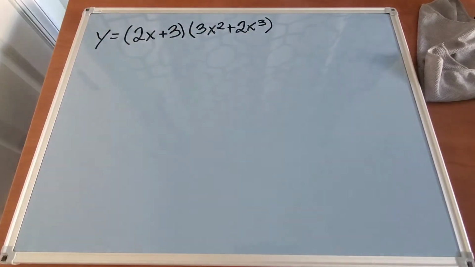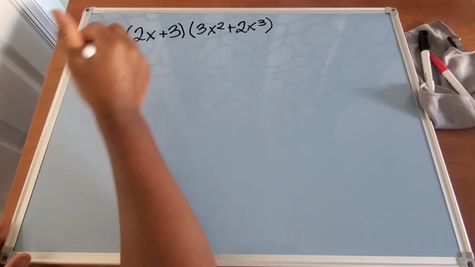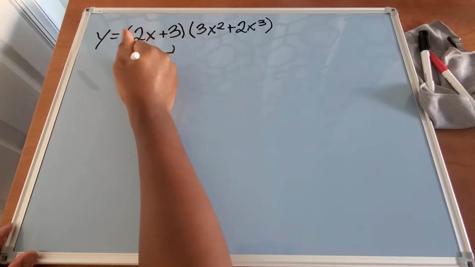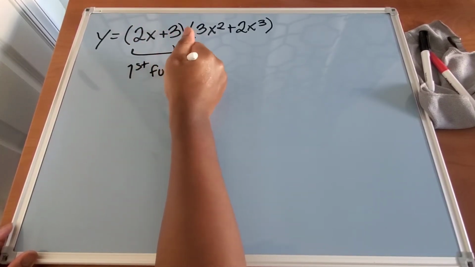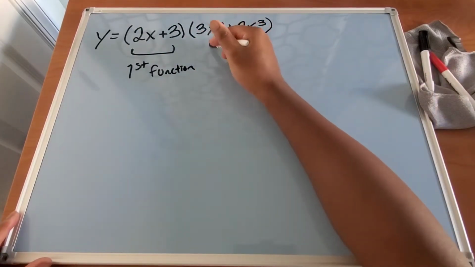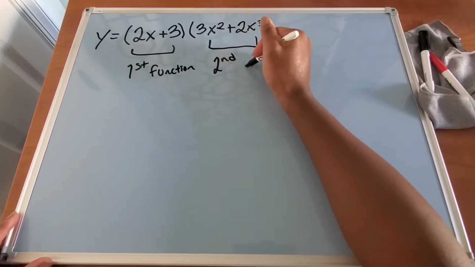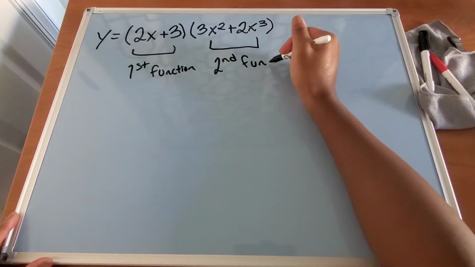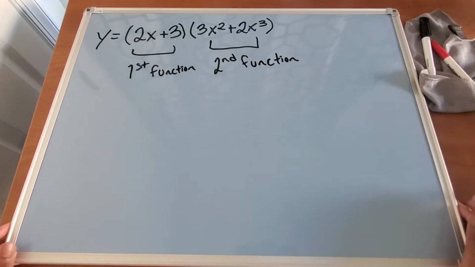For starters, let's identify our first and our second functions. So 2x plus 3 is our first function, and 3x squared plus 2x cubed is our second function. Using that, we can just apply the product rule.